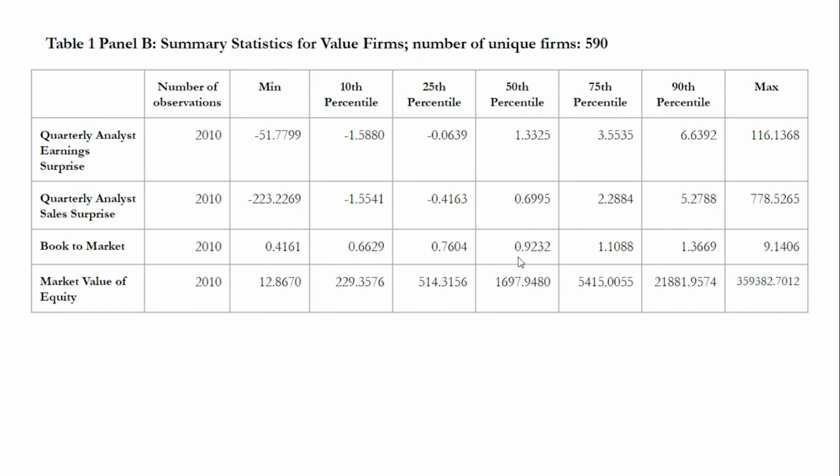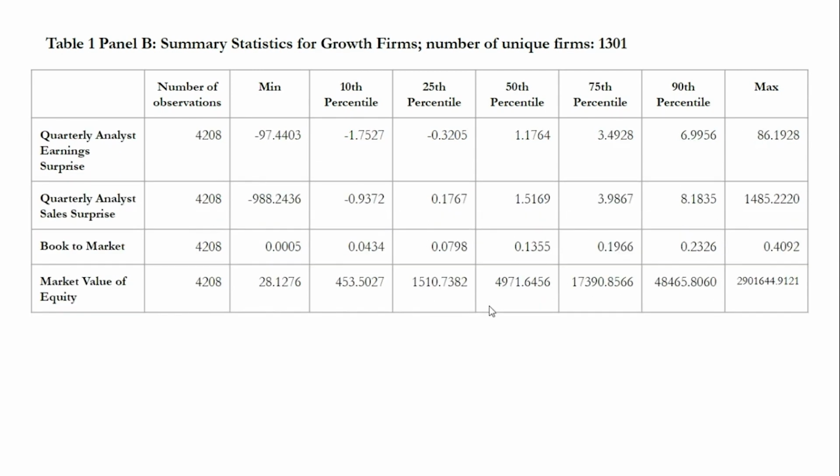And this means that even though the market value of the growth firms is bigger, the value firms actually have more shareholder equity than the growth firms. In particular, I think the value firms have about 1.5 billion in shareholder equity.